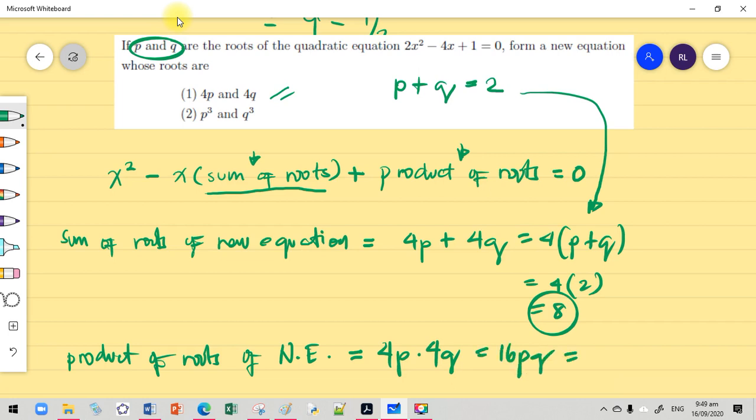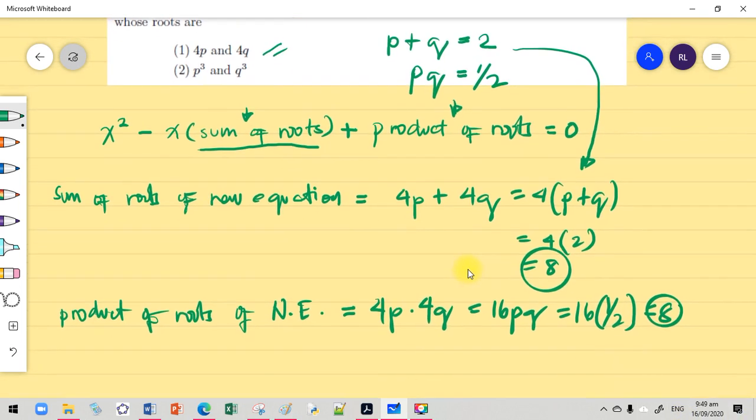We know that pq is actually just c over a, 1/2. So that is 16 times 1/2, and that gives us 8. Oh, they are the same. The sum of roots of the new equation and the product of roots of the new equation are both equal to 8, but that's just coincidental.